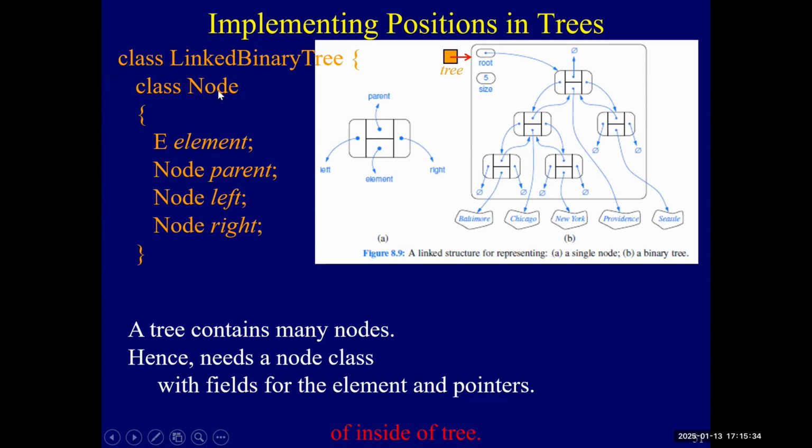It's kind of inside of tree, so only the tree knows about node. Remember about hiding? We're hiding nodes, so the outside world doesn't know what your nodes look like. What do my nodes have? They contain an actual value, a pointer to the parent, the left child, and the right child. That's what this box is. It doesn't show the value, I guess.